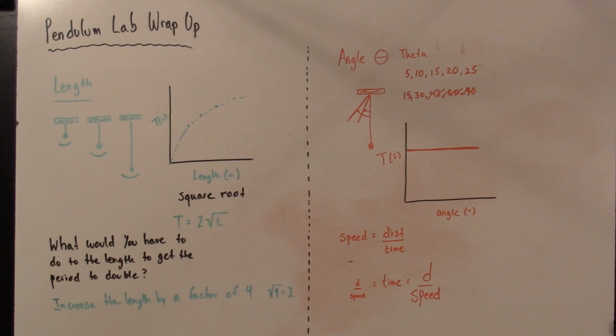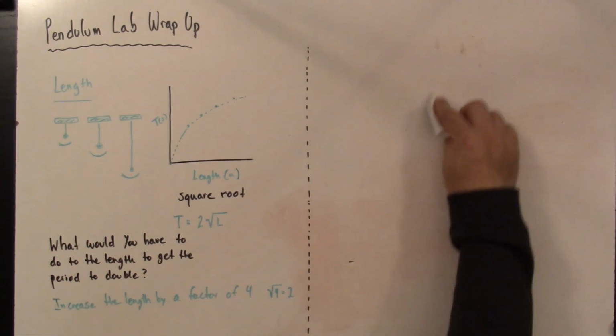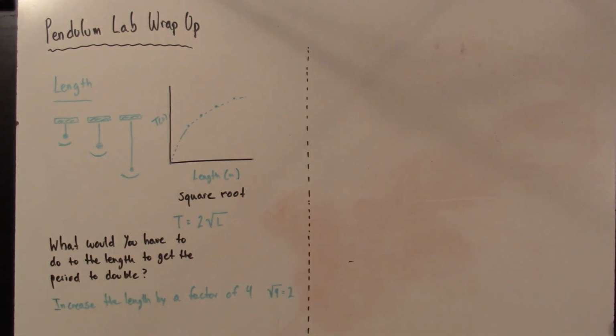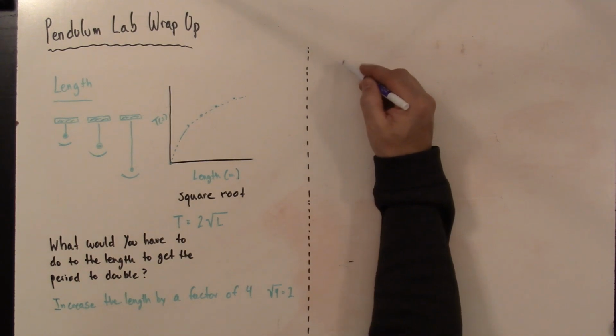Now, there was one more lab. And this one is purely theoretical because we can't take a field trip to measure the gravitational field strength someplace else. And so this was what they called the gravity.